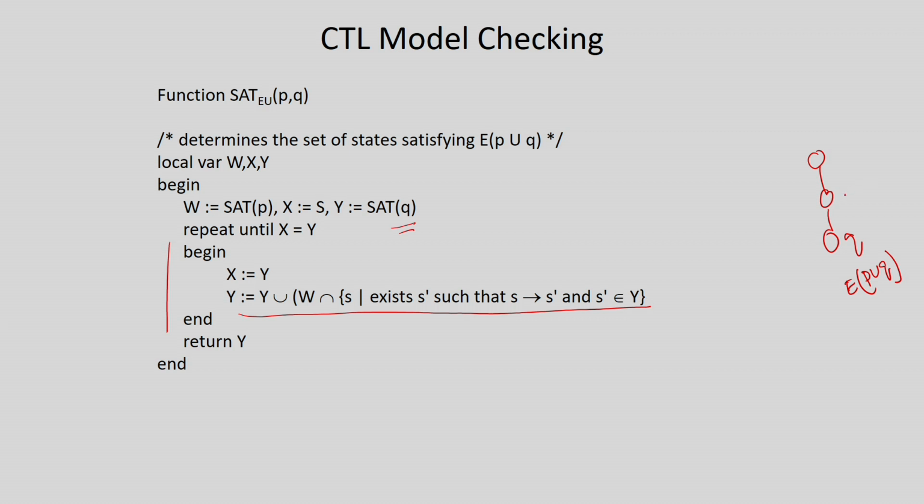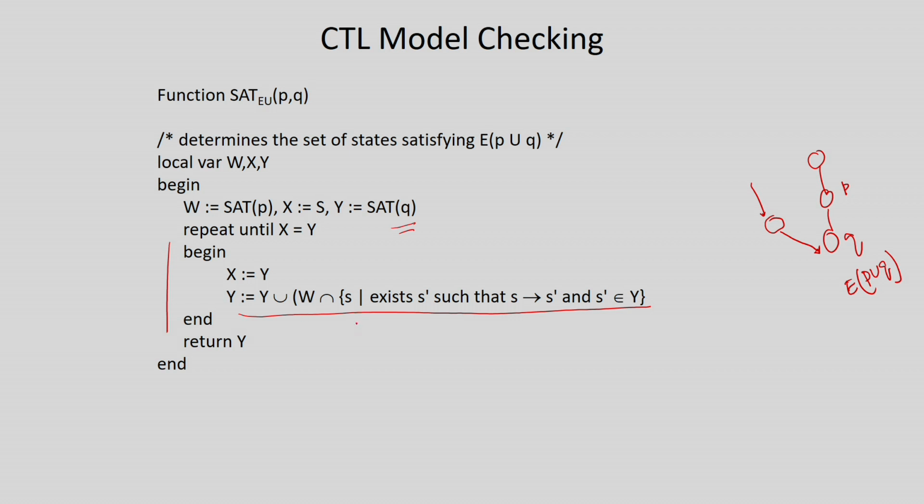But if P is true over here, then only can you say that E P until Q becomes true at that point. Similarly, if I have another transition from another state and P is not true over here, then it is not a potential candidate, or it is not a state where E P until Q will be true. So, that is why we look for all the states where P is true.